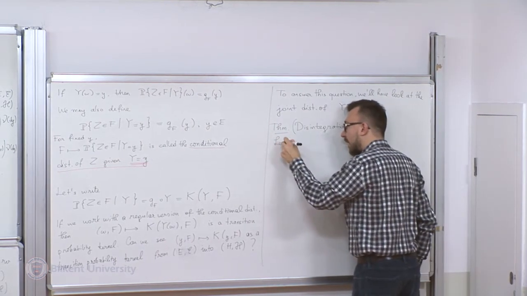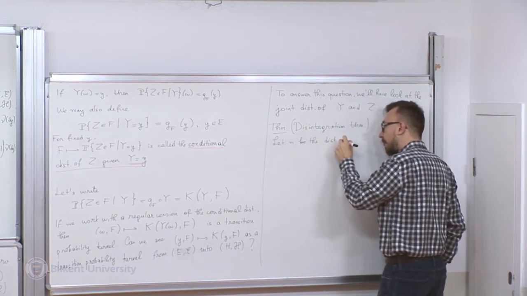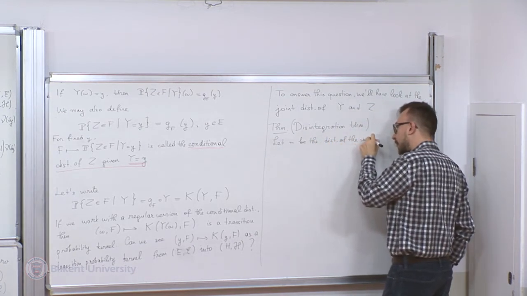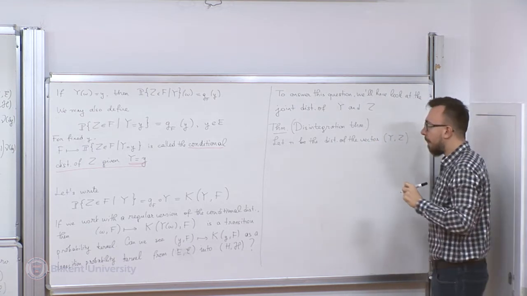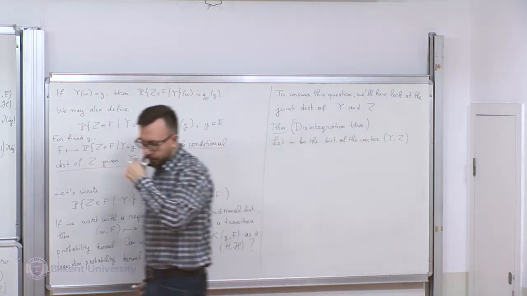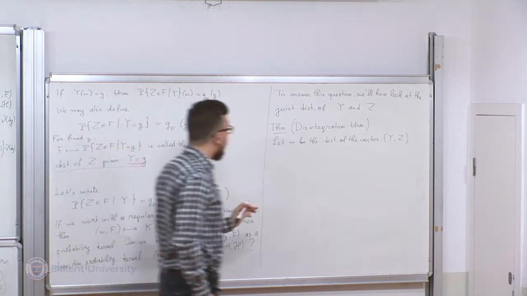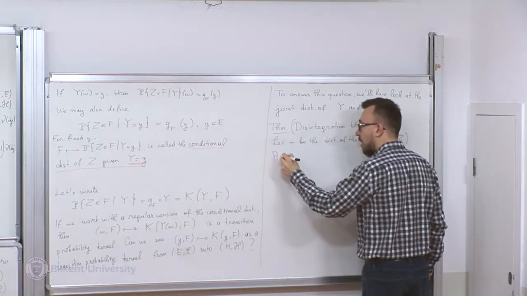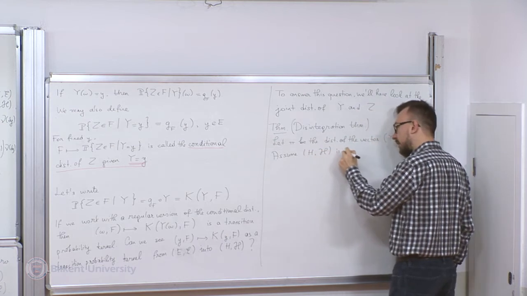So let pi be the distribution of the vector (y, z), namely the joint distribution of y and z. Assume H is a standard measurable space.